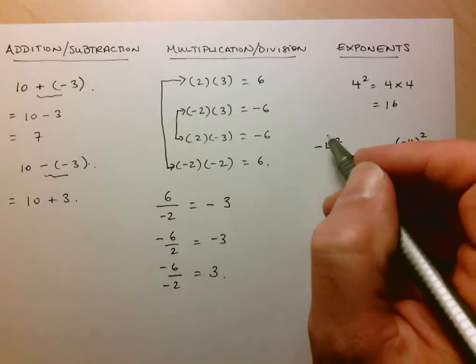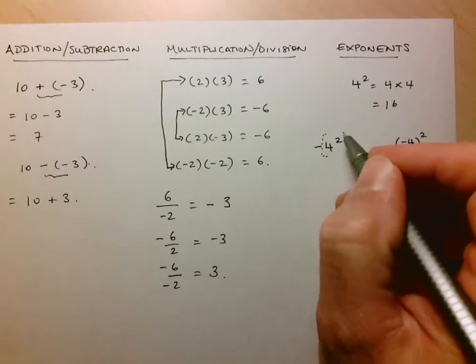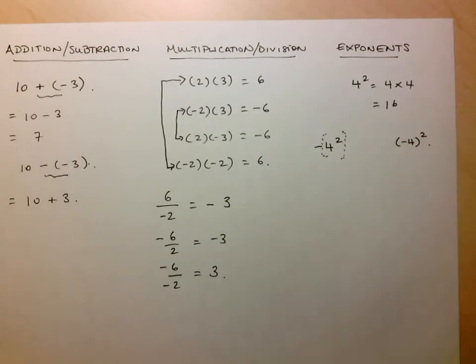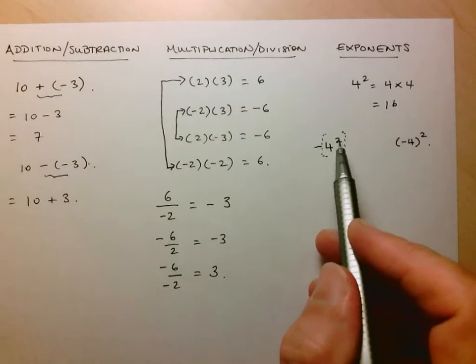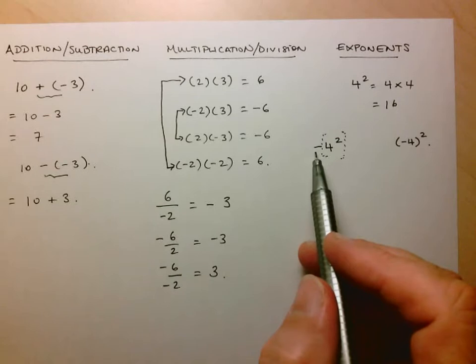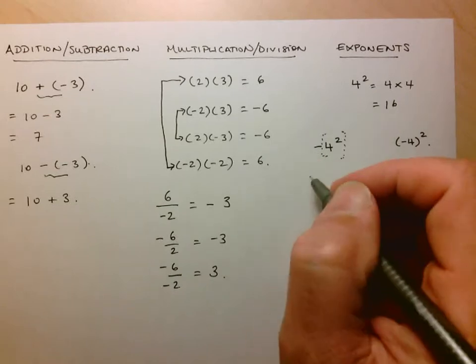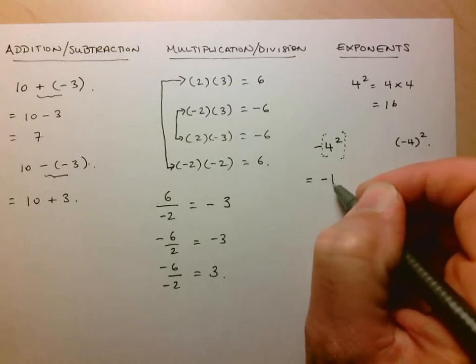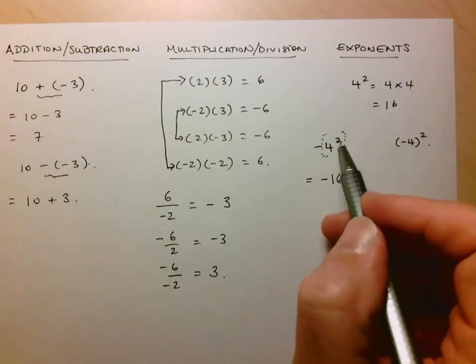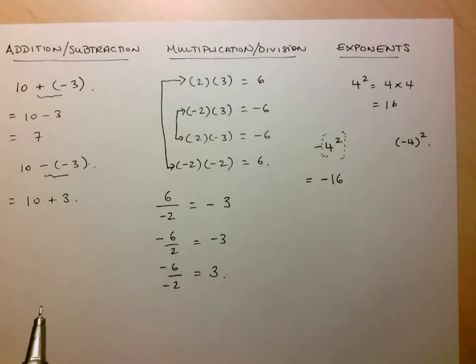So I'm going to put these little hidden brackets there. First, you have to square the 4, which is the exponent, and then you take into account the negative, because that's equivalent to a multiplication. So the answer here would be negative 16. First you do the exponent, then you incorporate the negative.